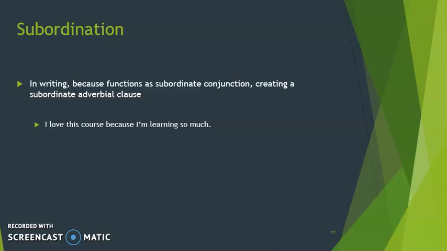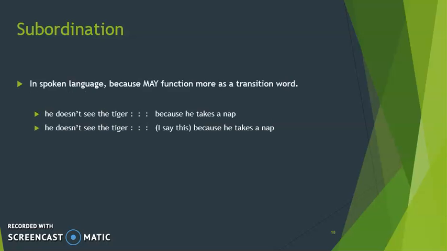So another thing to look out for is the word because. In writing, the word because functions as a subordinate conjunction, creating a subordinate adverbial clause. I love this course because I'm learning so much. However, in spoken language, because may function more as a transition word.